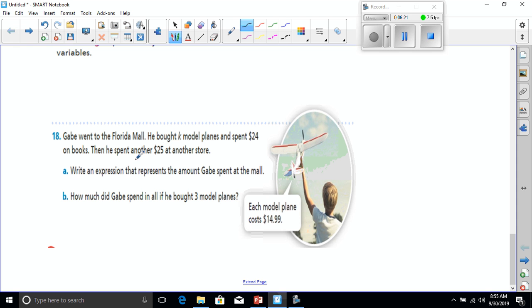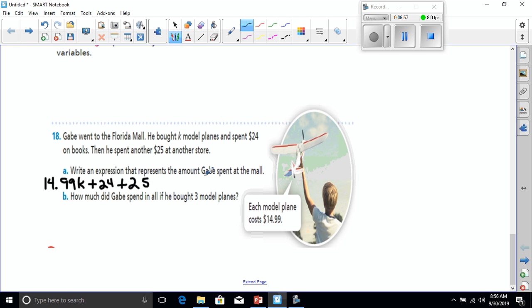Write an expression that represents the amount that Gabe spent at the mall. Well, we don't know how many model planes he bought, but we do know they were $14.99 each. So we can put $14.99 times K to represent the amount of planes that he got. He spent $24 on books, so that's plus 24. And then he spent another $25 at another store.